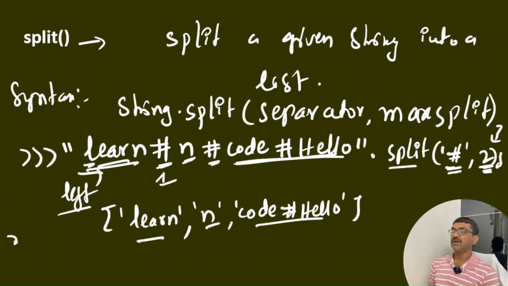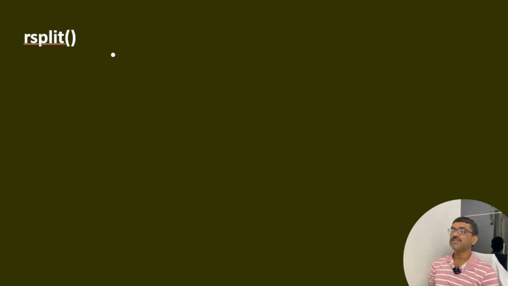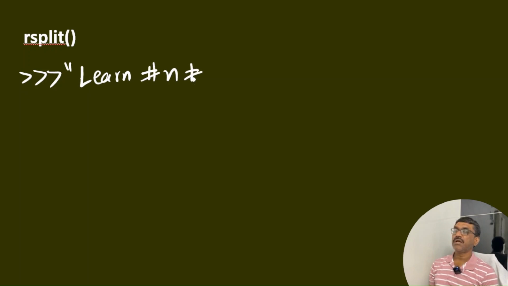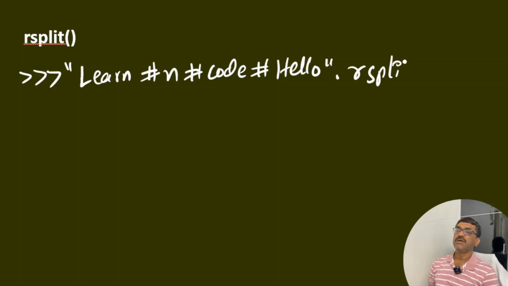Now when you take the method called rsplit, then what happens? For the same example, if you apply rsplit, what is the example we have taken? In double quotes, we have typed learn hash n hash code hash hello. So in this example, if you apply rsplit, it is going to come from the right.